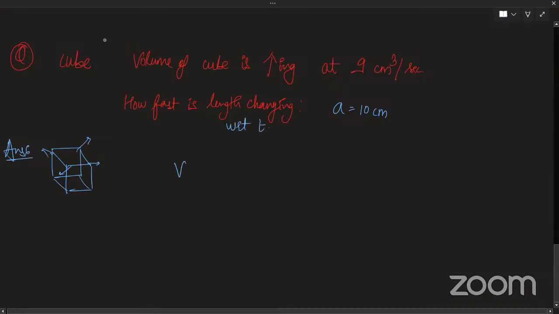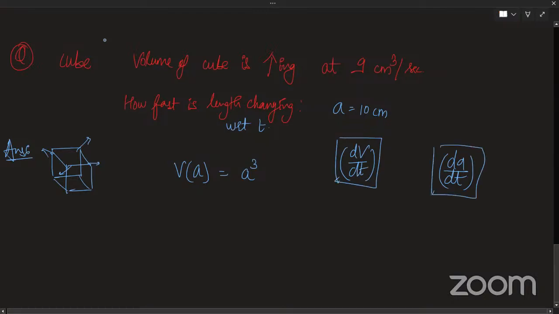So can you write volume as a function of your length a? V equals a cube, right? Now the issue is you know the value of dV by dt, the change of volume with respect to time, and you are required to find dA by dt. What can I do in order to involve both of these quantities?